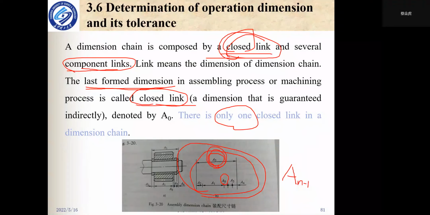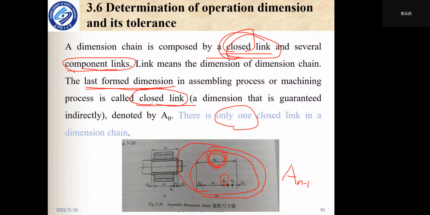So the definition of increasing links is: suppose other component links are constant, suppose A1, A2, A4, A5 are constant. If the variation of a component link, for example A3, would lead to the variation of the closed link A0 in the same direction, for example when A3 increases, A0 increases, the component link A3 is named the increasing link.